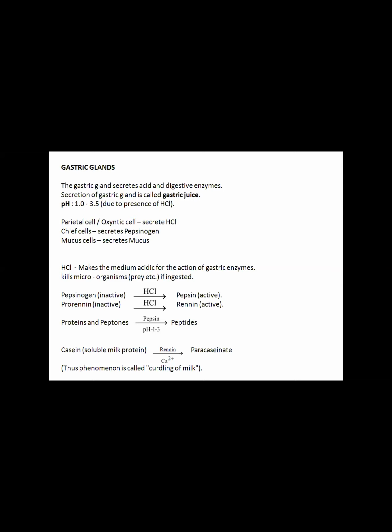Amino acid is the simplest form of protein. Many amino acid join together to form peptide, and many peptide join together to form peptone and proteins. So whatever proteins and peptones that are present within our food, they are going to get converted into peptide, which is the shorter form of protein and peptone in the presence of this pepsin enzyme.